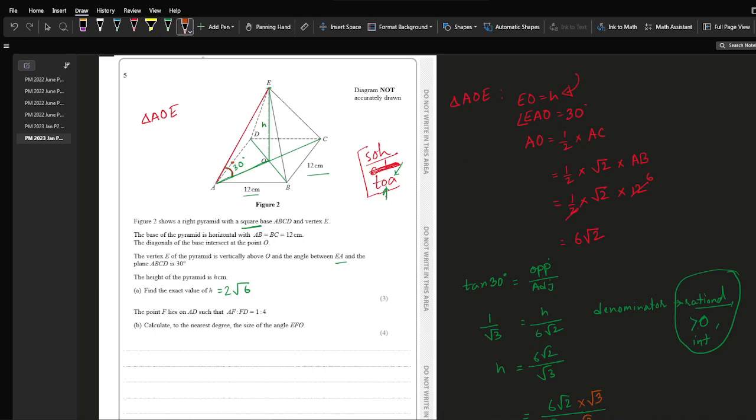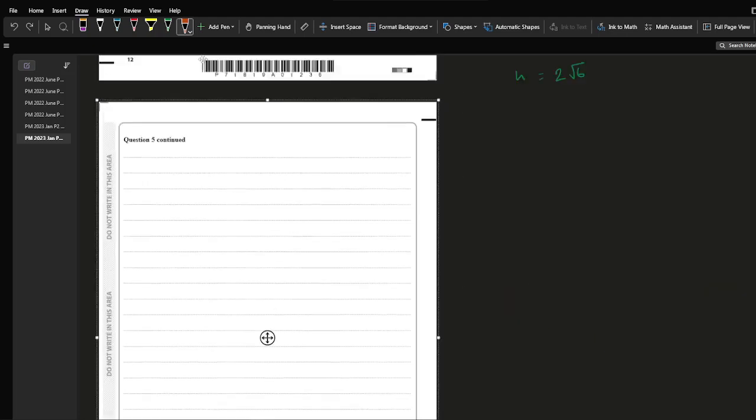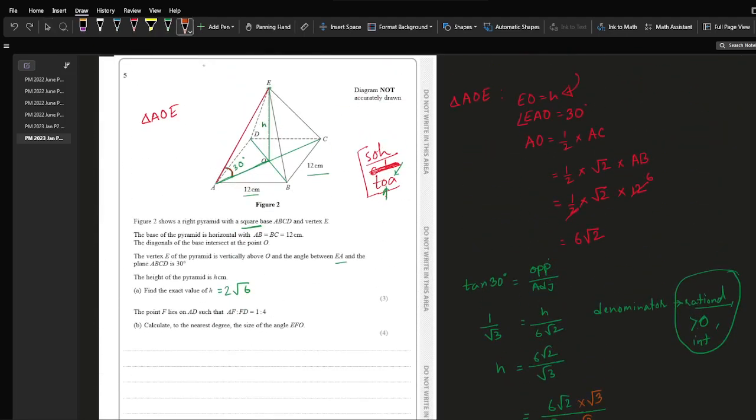No, F should be right here, closer to D. This is our F.